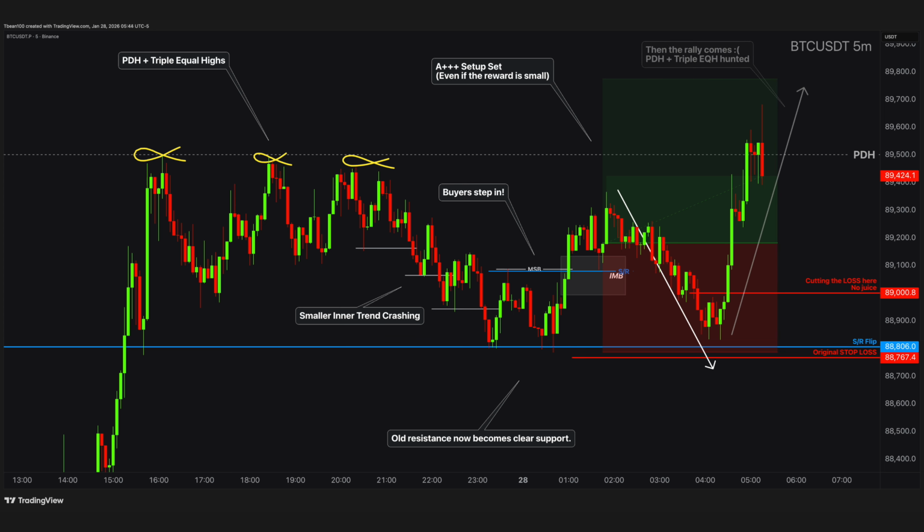In the end, this A++ setup actually worked exactly as I expected with all the patterns. There was nothing technically wrong with the setup itself or the analysis behind it. That said, it is completely fine to cut your losses early when you see an unusually strong pullback after your entries.